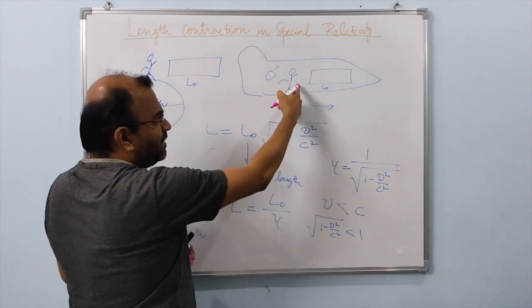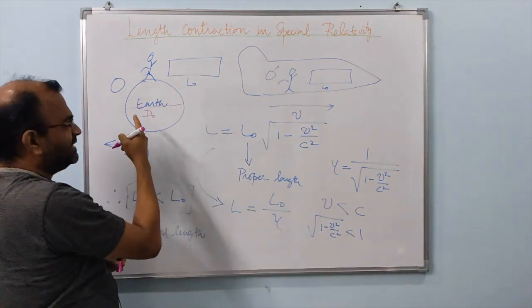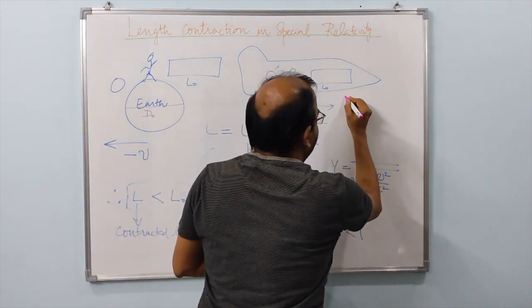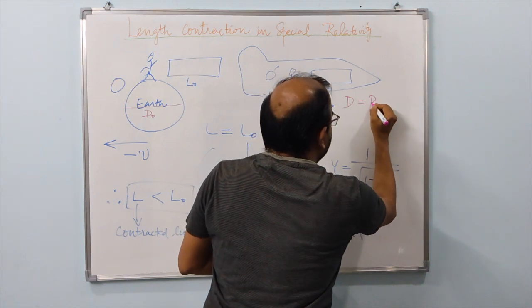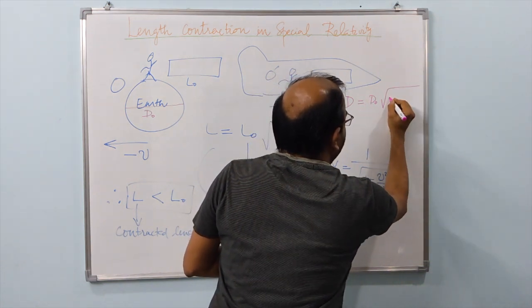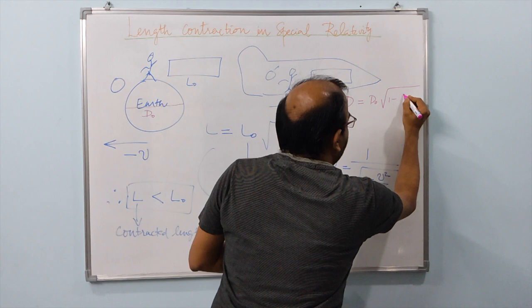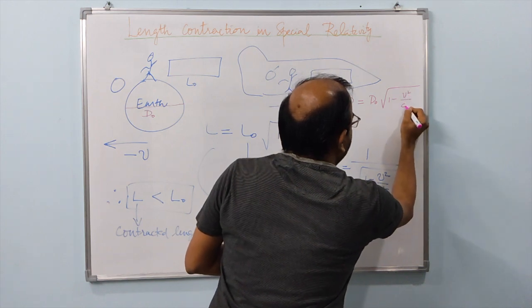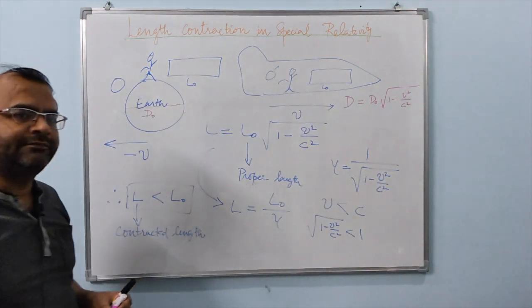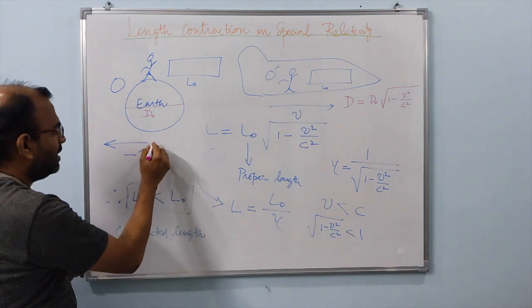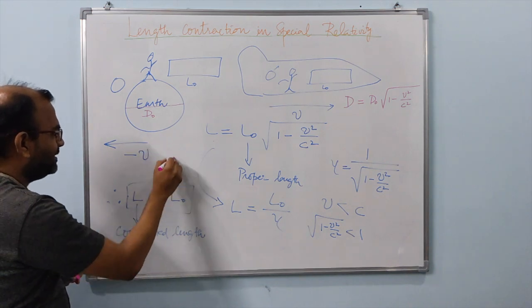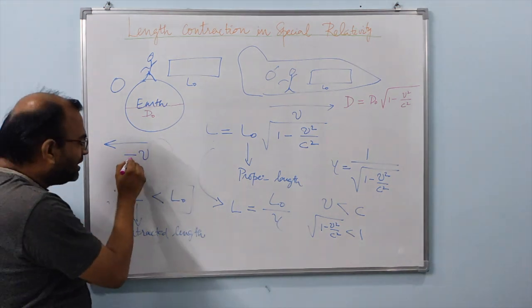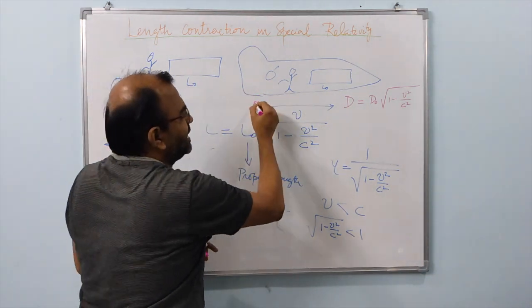Now the observer in the spaceship would measure d to be contracted, so d is equal to d0 multiplied by the square root of 1 minus v squared over c squared. So the Earth would appear to him to have a contracted length in the particular direction parallel to which he is moving.